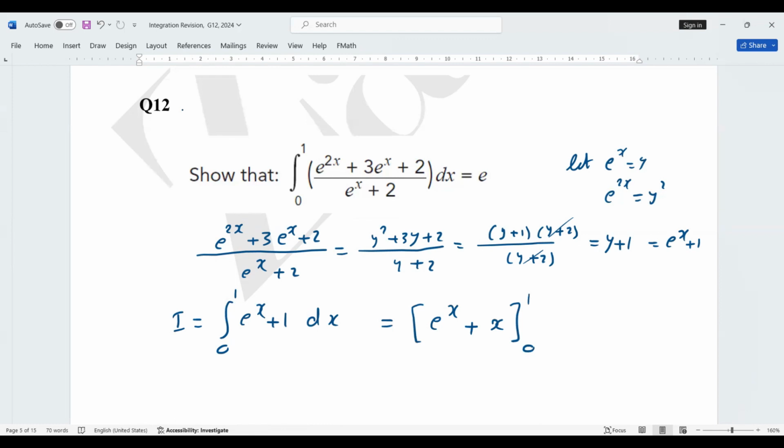Replace x by 1: e^1 + 1, minus replace x by 0: e^0 + 0. E^1 is e, so e + 1; e^0 is 1. The 1 minus 1 cancel, so the answer is e, and this is the right hand side. Okay.